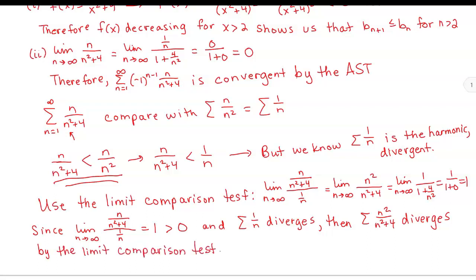We just confirmed that our series diverges by the limit comparison test. And remember, we were trying to prove absolute convergence for the alternating series, but we cannot because the absolute value of that series ended up being divergent. Therefore, the original alternating series is conditionally convergent.